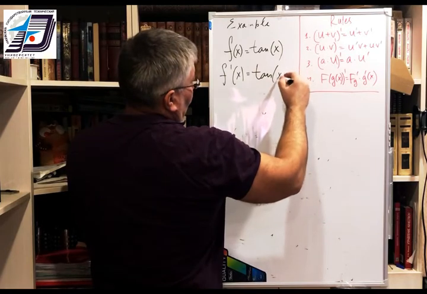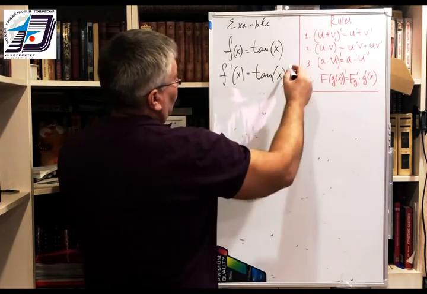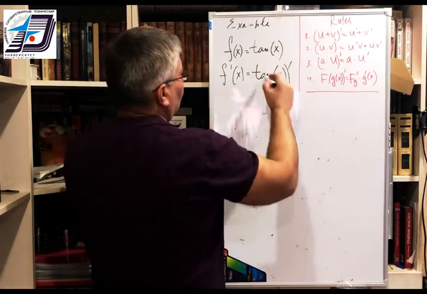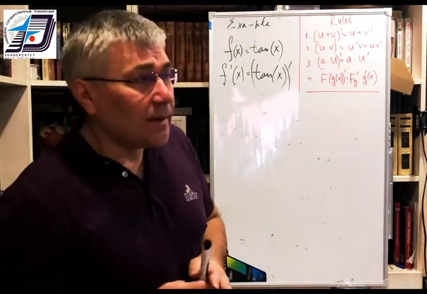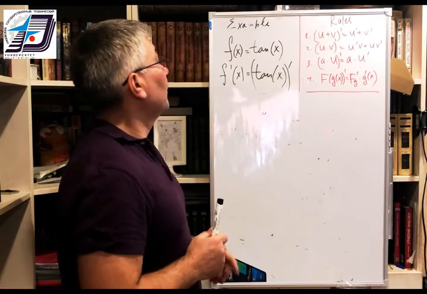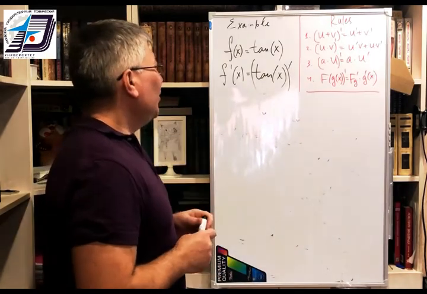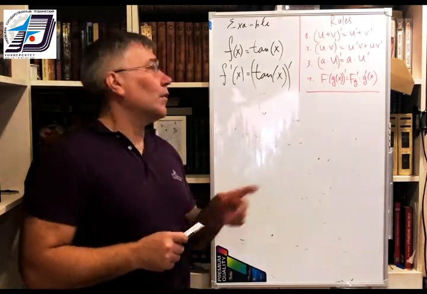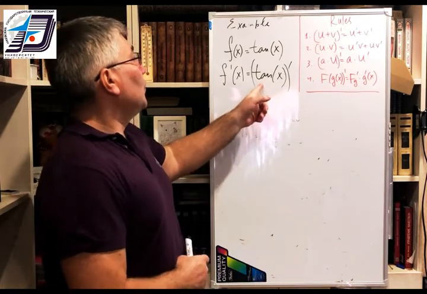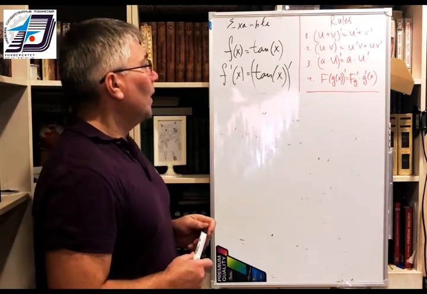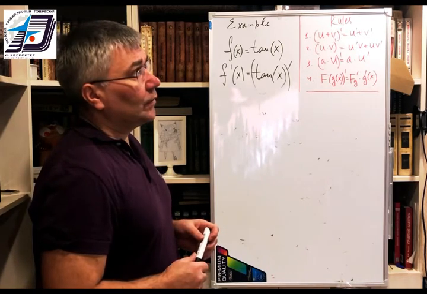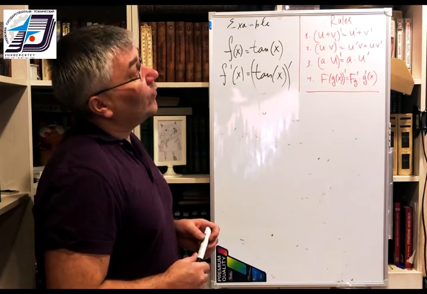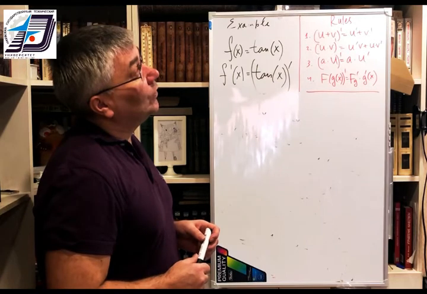At first glance, it is an elementary function. But really, people don't remember the derivative of tan. I can say that it is 1 over cosine squared of x. If I remember, it's quite good.